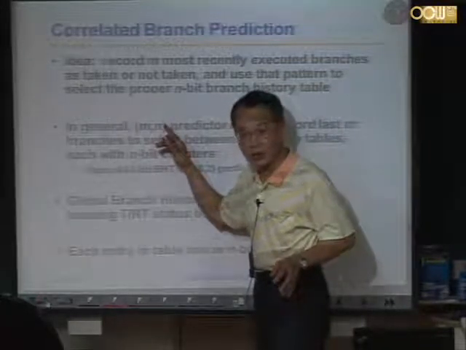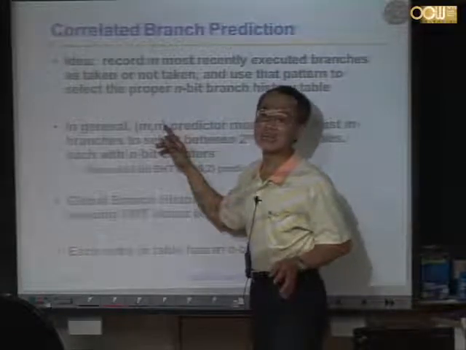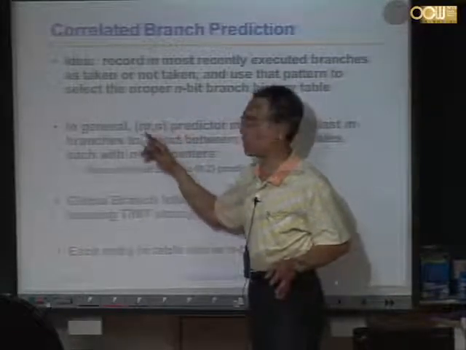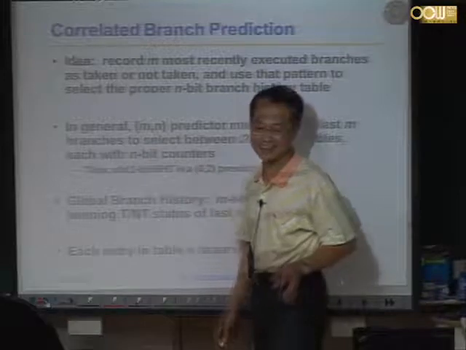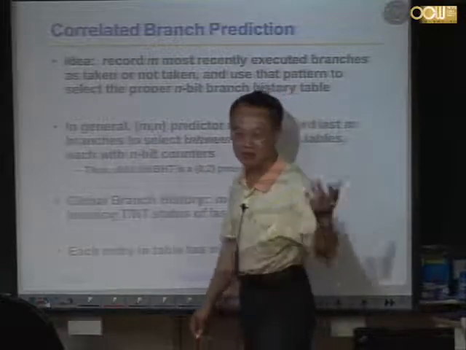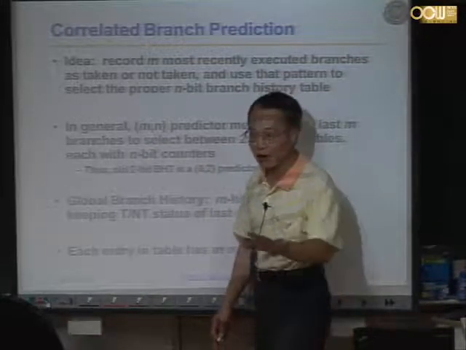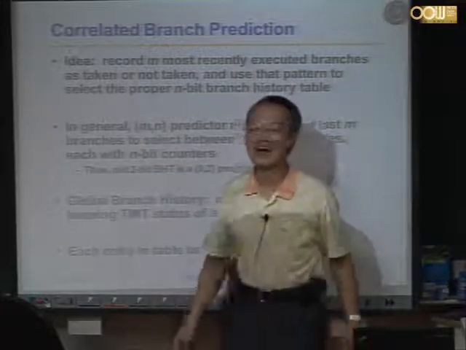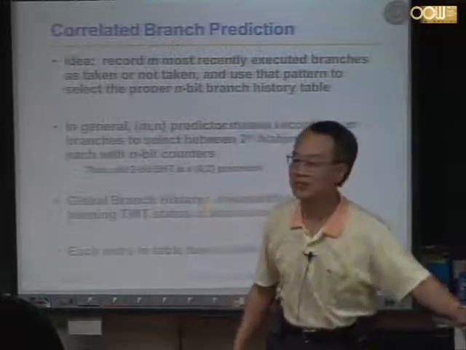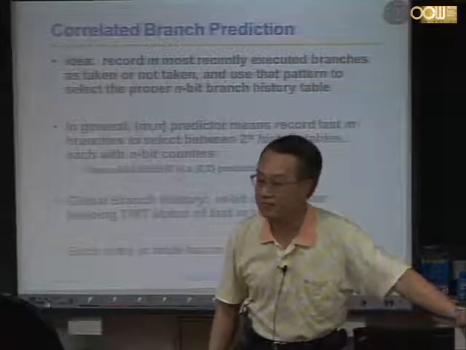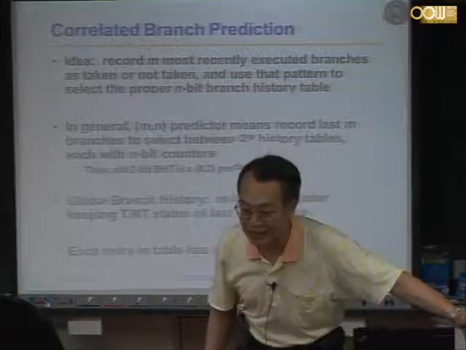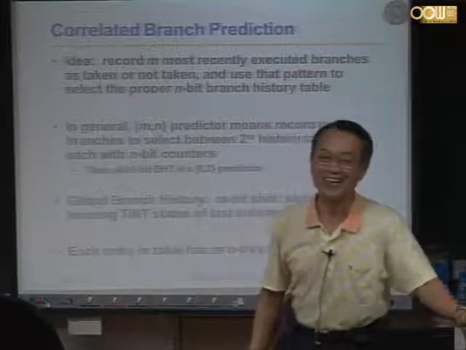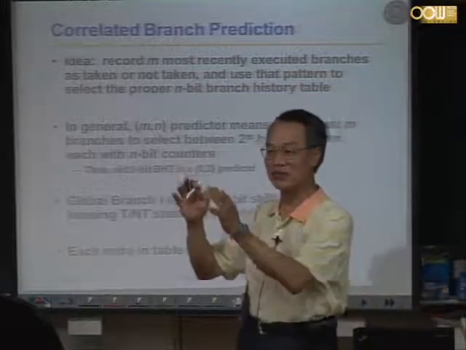Yes or no? In commercial use, we trace back 12 past branches. 12. So tell me how many branch prediction tables do we have? 4K. We have 4K such tables.